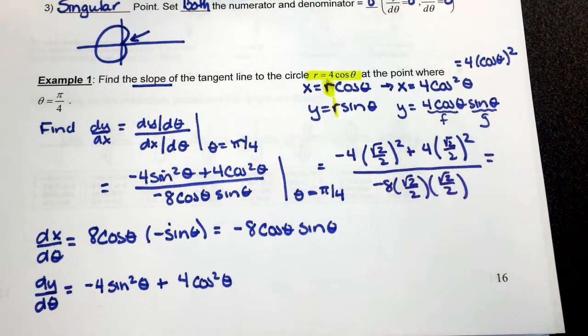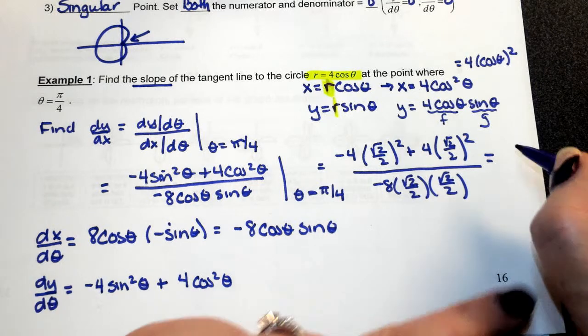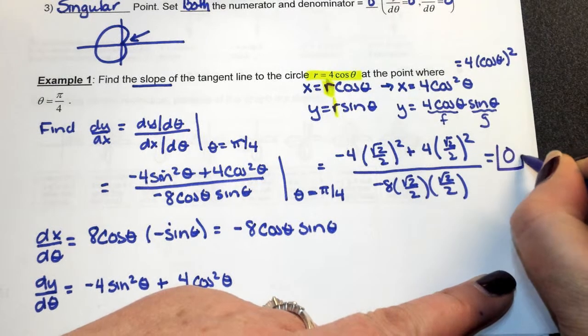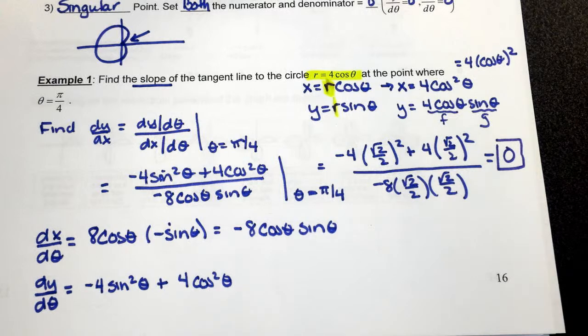What's the value of this derivative going to be? Look at that numerator. It's going to be 0. Don't work it all the way out, because you have negative 4 times the same exact thing as positive 4. So 0 divided by anything is just going to be 0. All that work for 0.